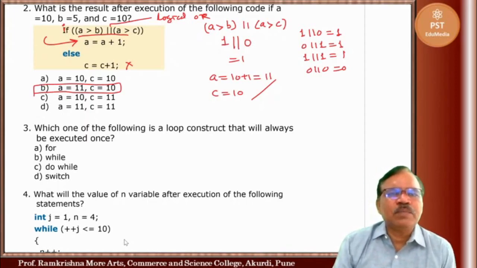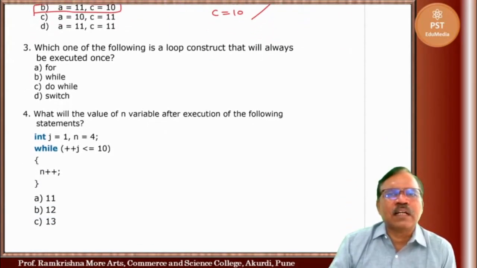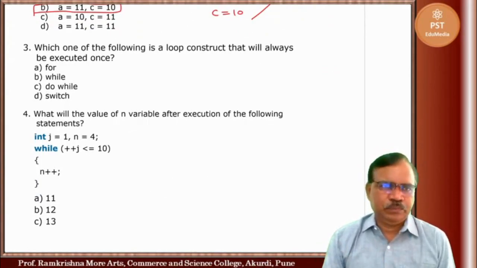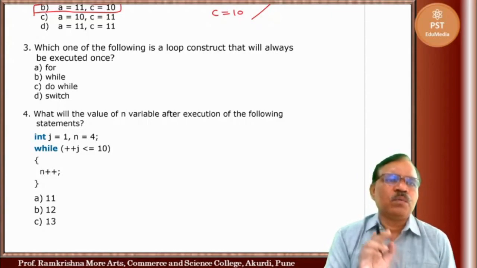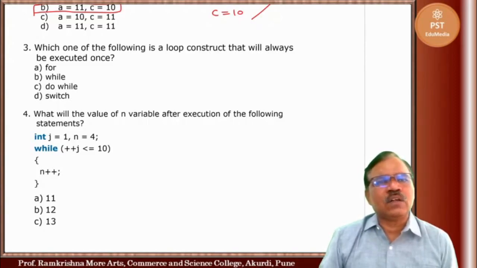Next one. Which one of the following is a loop construct that will always be executed once? Now see, we have three loops: for loop, while loop, do while loop, and switch is another control statement.